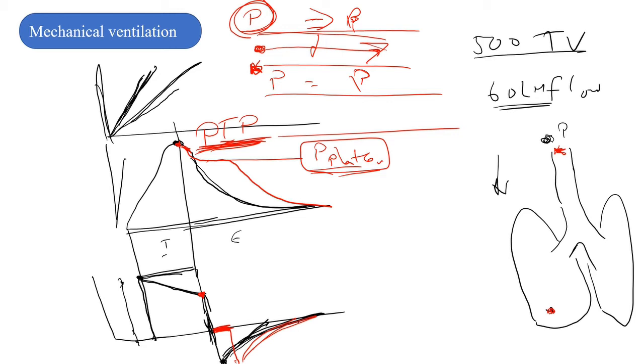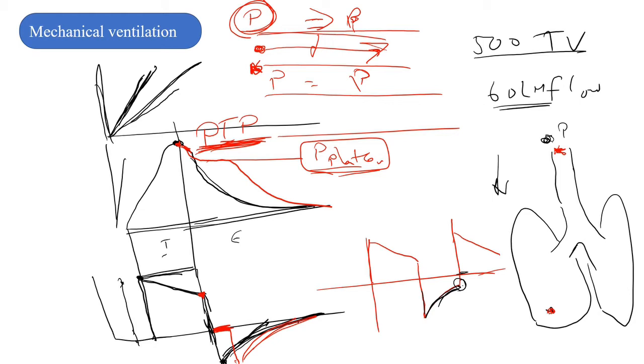In the same way, if I have this flow pattern, which is maximum flow, and this flow pattern, this means that at the beginning of the inspiration, there was a flow. It was not zero.